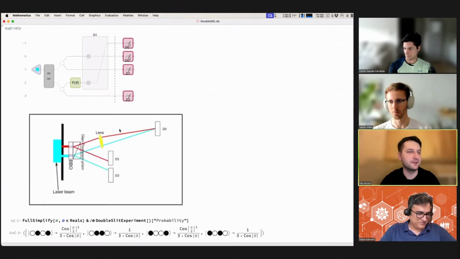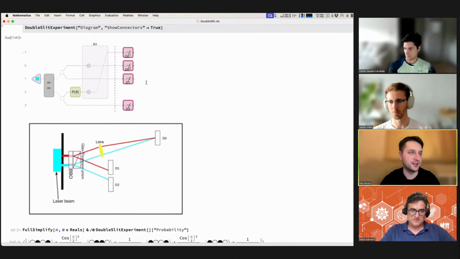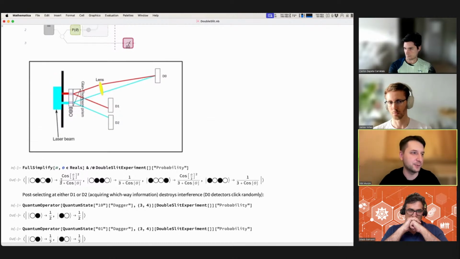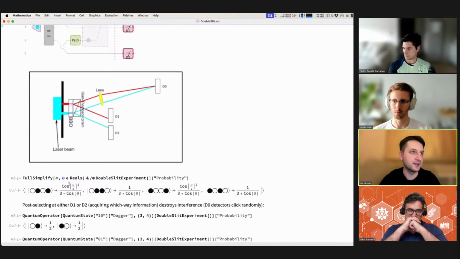But anyway, now we have this nice diagram. You can again evaluate all of it. The output has all 4 detectors, and you can see the probability of clicking. There are always only 2 detectors that click at one single time.